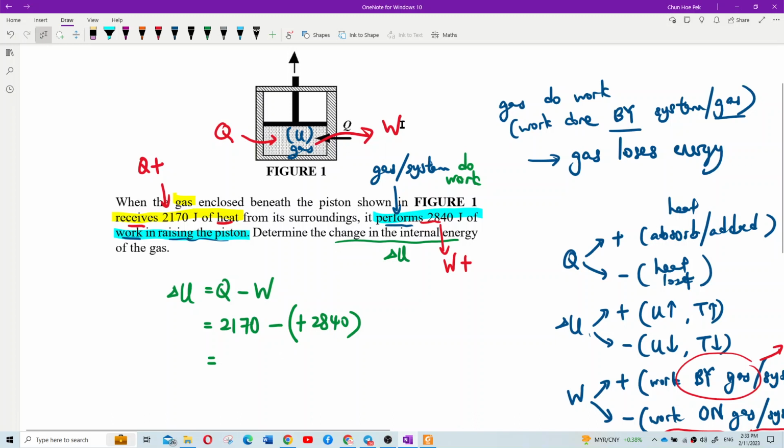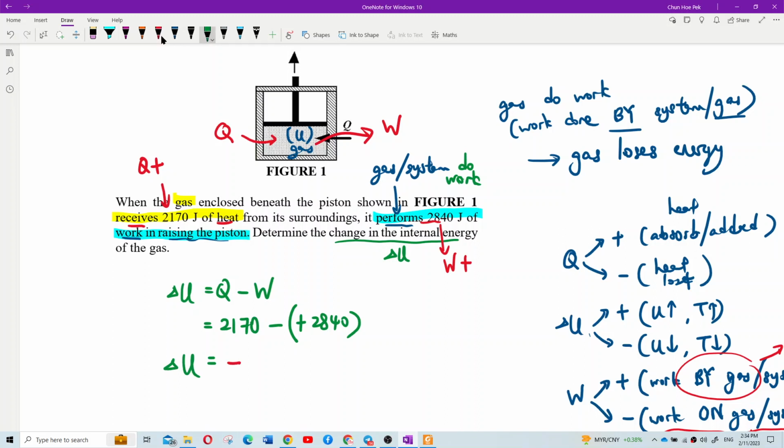Dia hilang tenaga lebih banyak daripada dia masuk. Faham tak? It loses energy more than it absorbs. So that's why in the end you get negative delta U. You see that, class?